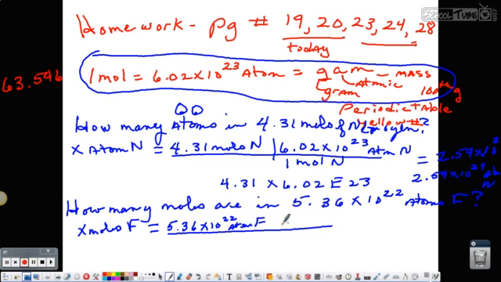So what are we trying to get rid of? Atoms. So what number goes with atoms in our equal thing up here? 6.02 times 10 to the 23rd atoms of fluorine. And what number goes with moles? 1. 1 mole fluorine equal.